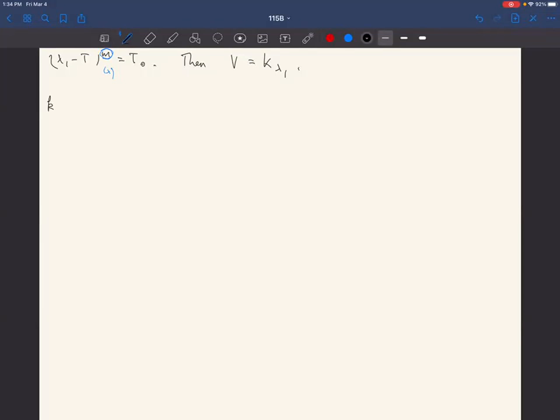Now let's do the inductive step. We assume that k is greater than 1, and we assume that the result holds for fewer than k distinct eigenvalues.